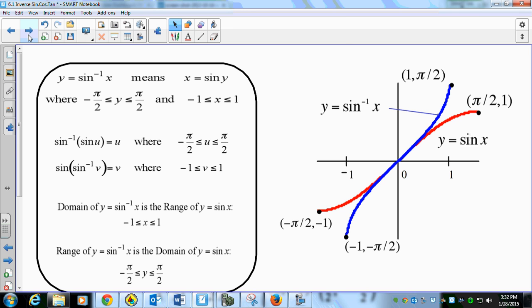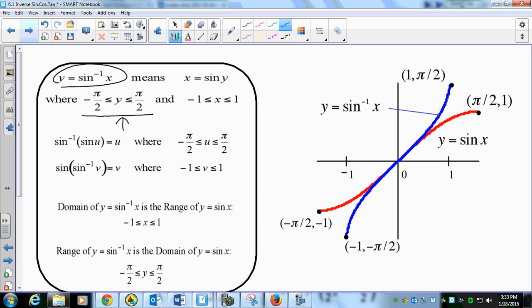So what do I mean by that? For our normal sine function, our y values went from negative pi over 2 to pi over 2. So when we're looking at our inverse function, this is now our domain. You can see in the graph here that the blue is our inverse function.